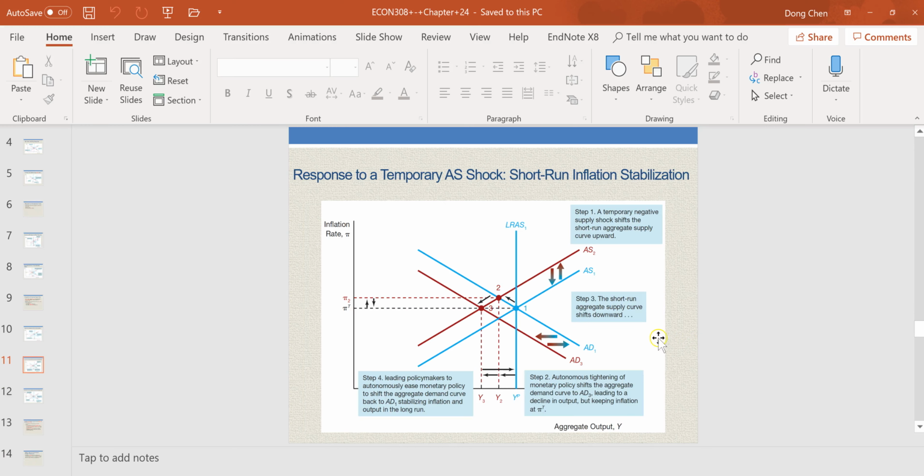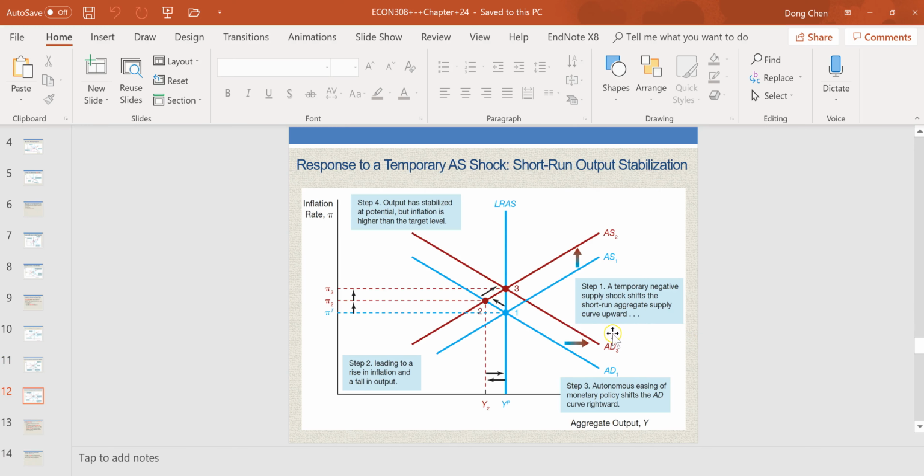This is the AD3 curve, the new AD curve, and this is the AS curve. When the central bank eases the monetary policy, the AD curve shifts to AD3. Point 3 is the new equilibrium, and this level comes back to the original potential output, but at higher inflation. So output will be at its potential, that's correct.